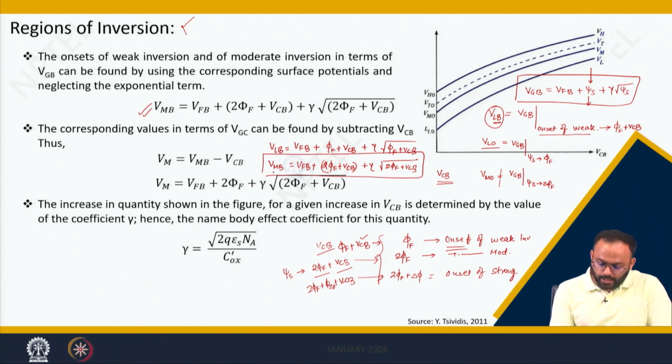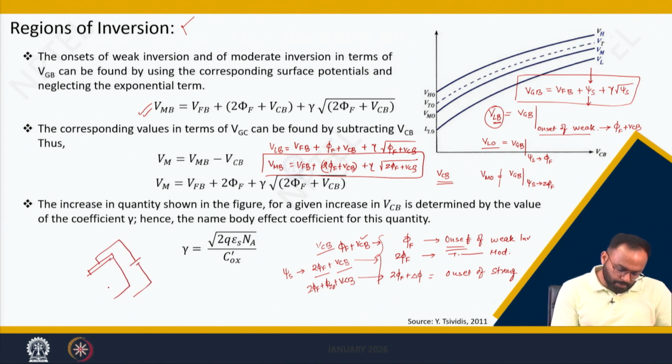Again, these values are referenced to the body terminal, meaning you are measuring the gate voltage with respect to body. This is what VGB is. But we just saw that instead of writing VGB, I can split it and make the C terminal common. So instead of writing VGB, I can simply write VGC and VCB.